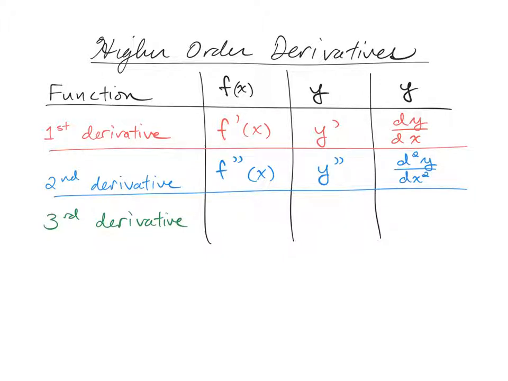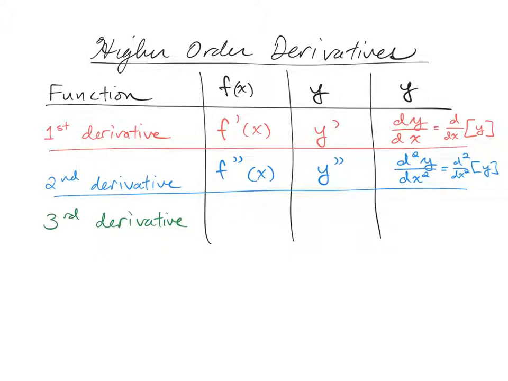That notation looks a little weird, but if you think of it like the first derivative being this, really the derivative is an operation, not just variables that we're throwing around. This can be rewritten as d dx of d dx of y. So we're taking the second derivative of y with respect to x. So that's why these 2's are placed like this.